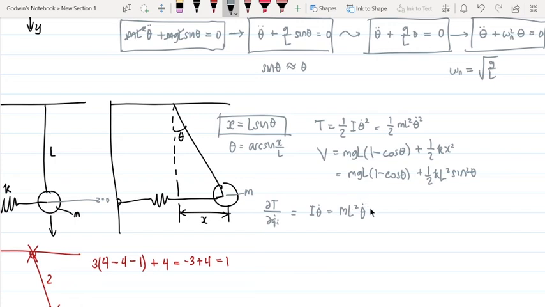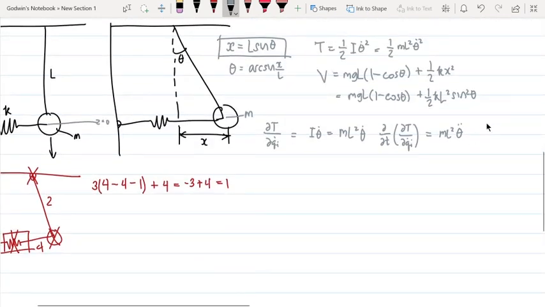And then if we give that a time derivative, that's just going to be ml squared theta double dot. All right? And so, wala rin naman to, partial of T with respect to qi. That's nothing because walang theta term, right?